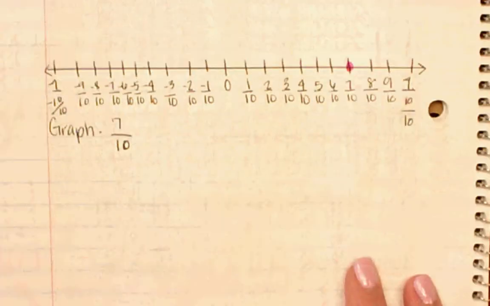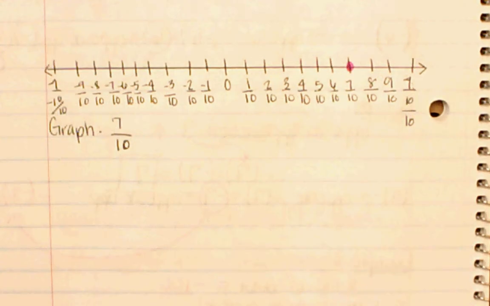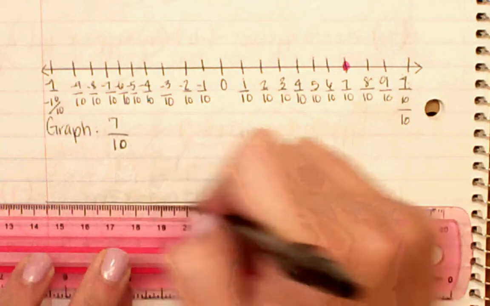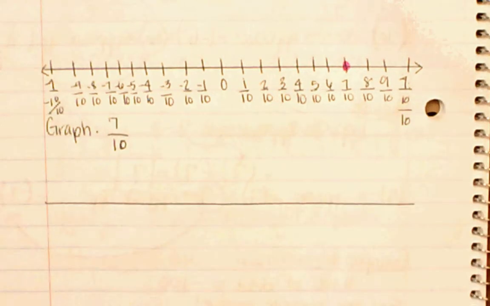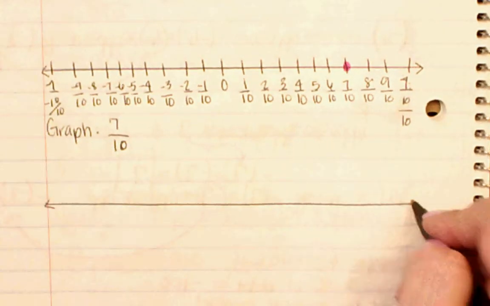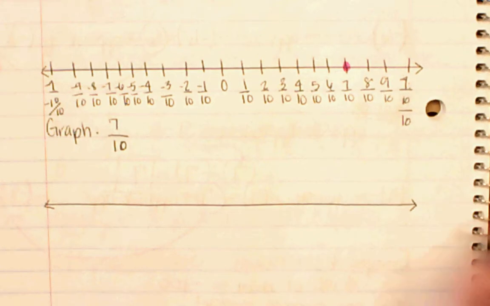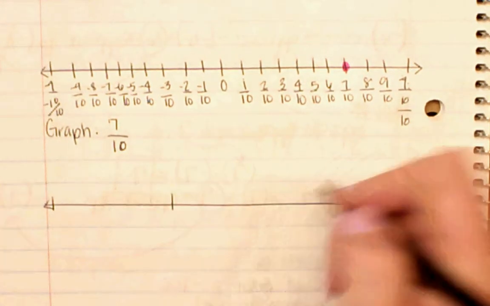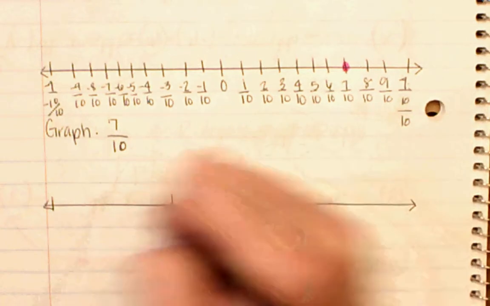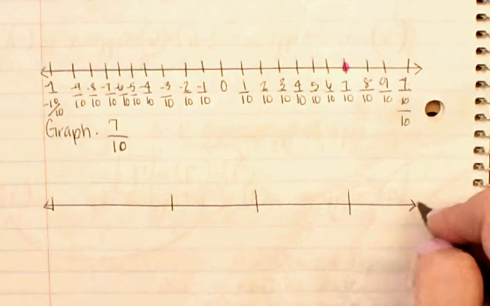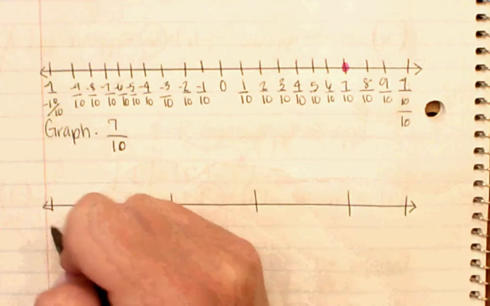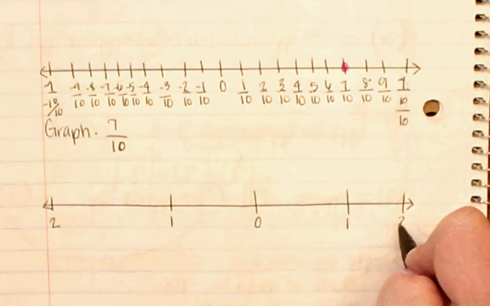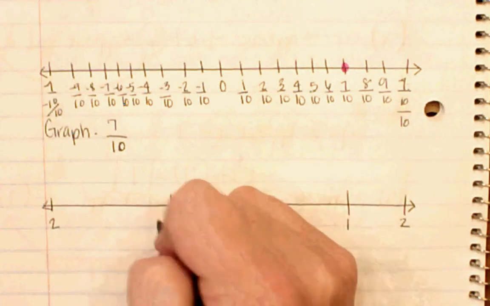They will have something like this, so let's draw another number line. We'll make it shorter. And this one I want you to label like that. We'll make this 2, 1, 0, 1, and 2. This would be negative, of course.